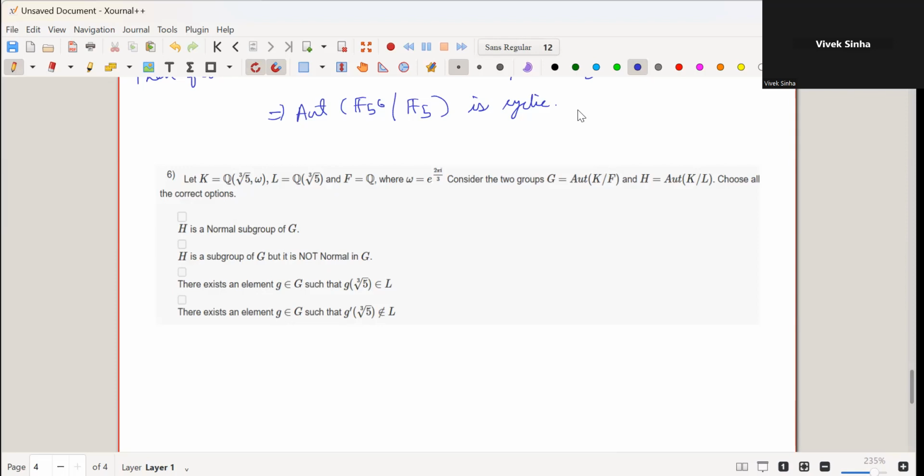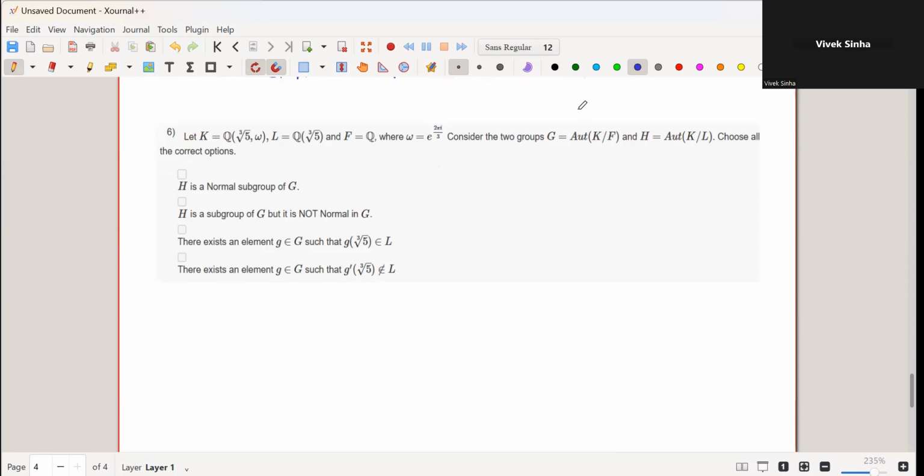There was a theorem that can be directly applied here.